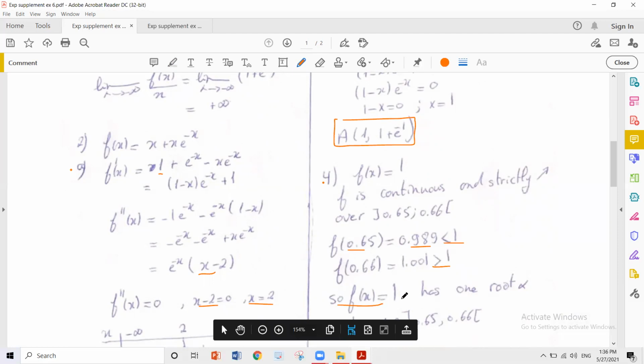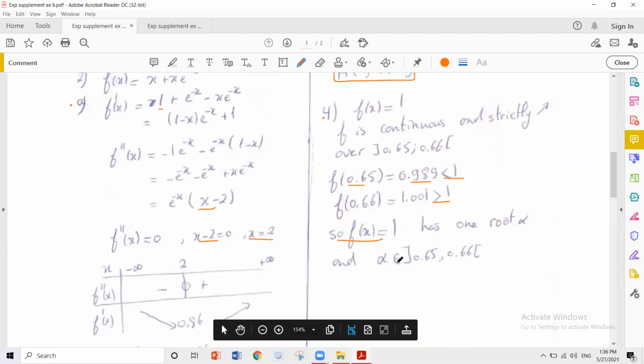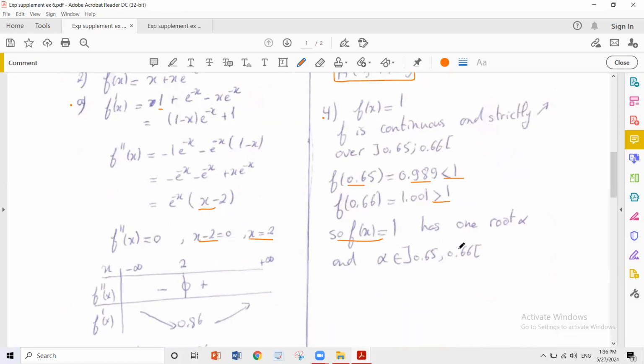So f(x) = 1 has one root alpha belonging to (0.65, 0.66).